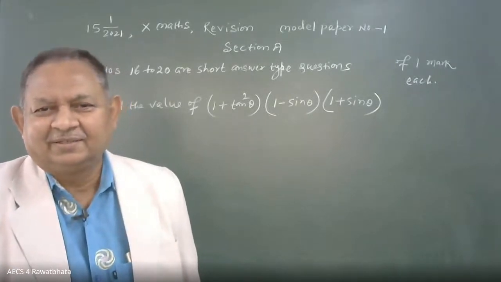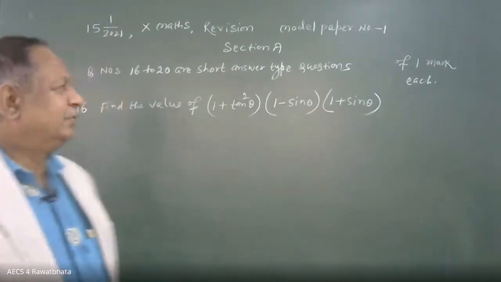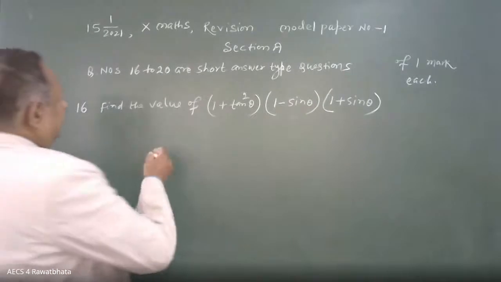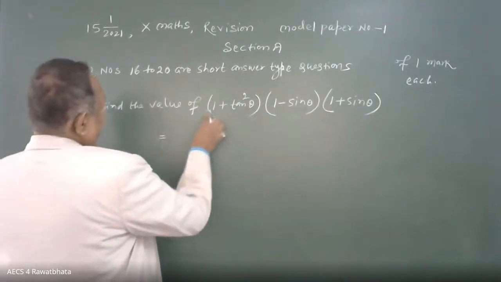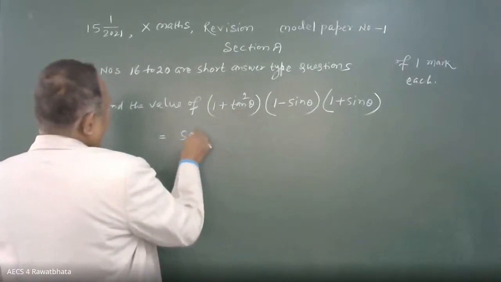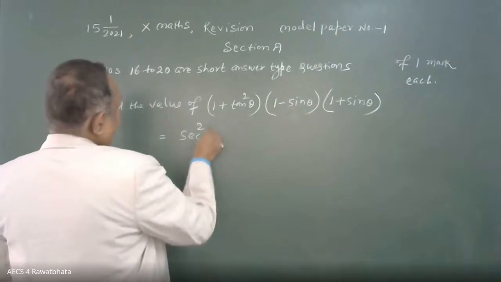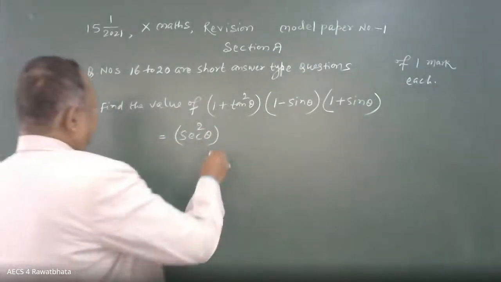So this can be written as 1 plus tan square theta, we can write sec square theta. And this is 1 minus sin theta into 1 plus sin theta, 1 square minus sin square theta.